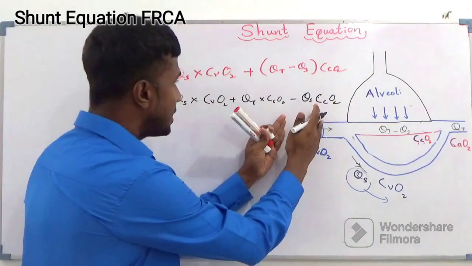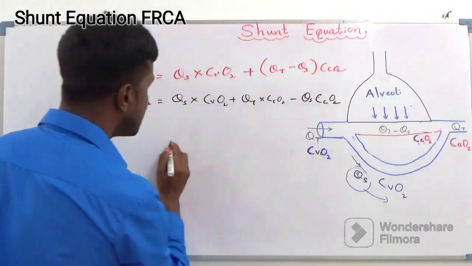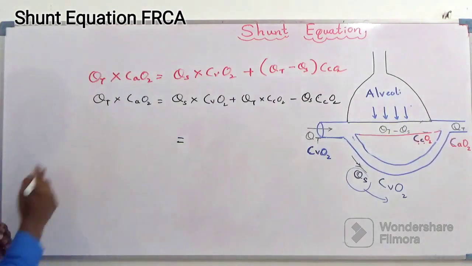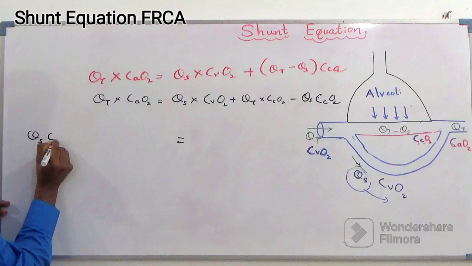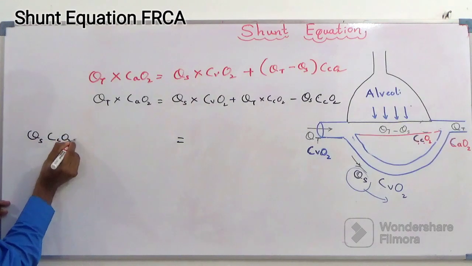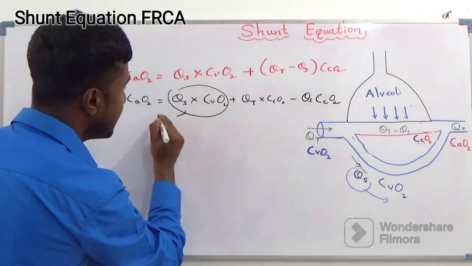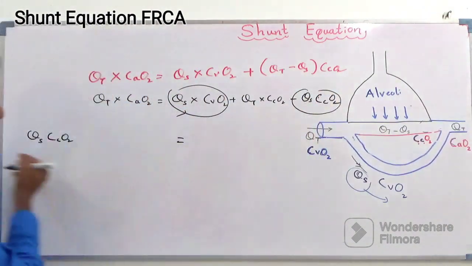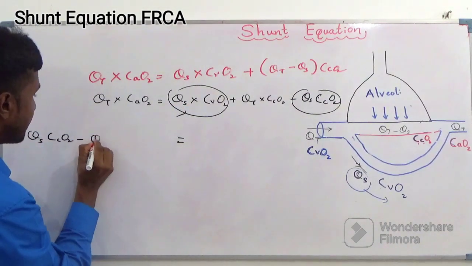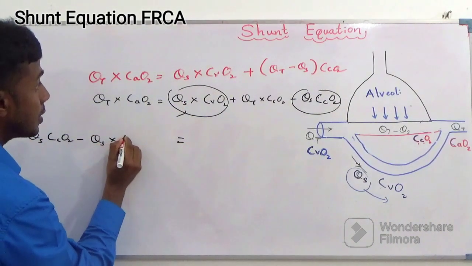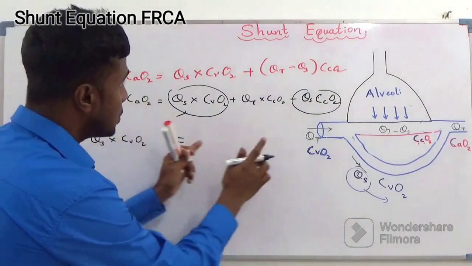Now I take this QS into CCO2 to this side, and once you take it to this side it becomes positive. Then QS into CVO2 goes to this side too, so it becomes minus QS into CVO2.